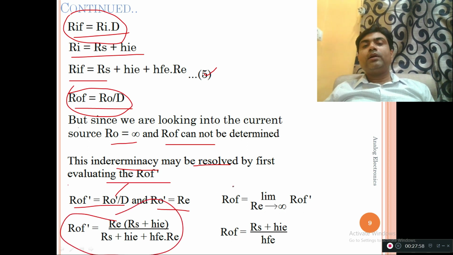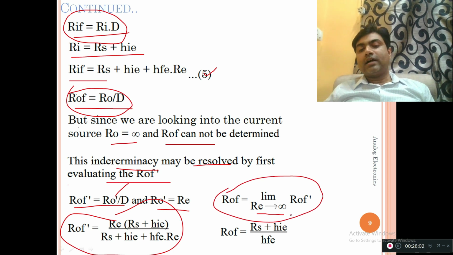Now by knowing the value of ROF dash, I can put the limit as RE tends to infinity and apply it in the value of the ROF dash, and I can easily find out the value of the ROF. So apply the limit of RE as infinity, and you can easily find the value of the ROF.